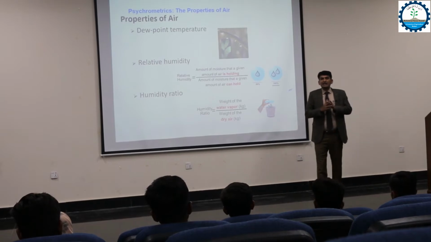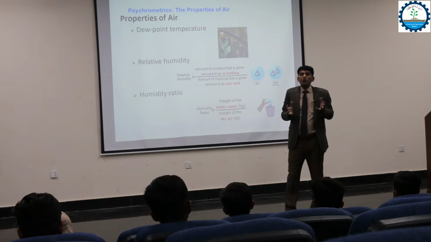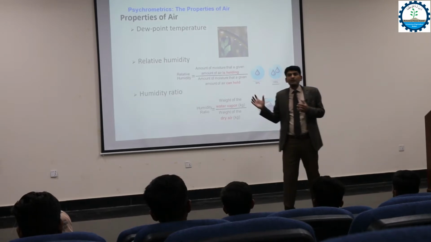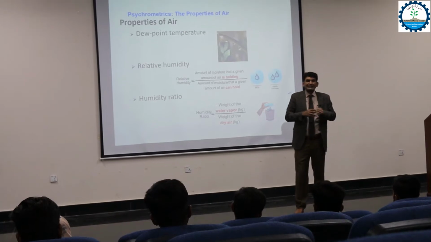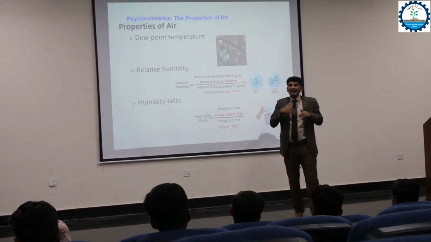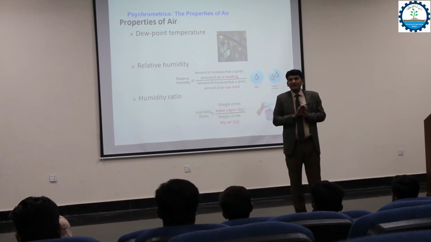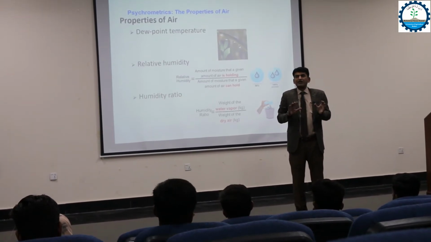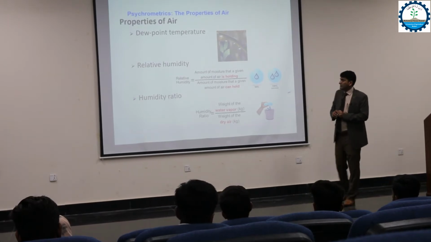It means now the air doesn't have the capacity to hold more water at 100% relative humidity. So any addition of moisture in that scenario will directly condense as water. The air doesn't have the capacity to hold more in those specific ambient conditions.